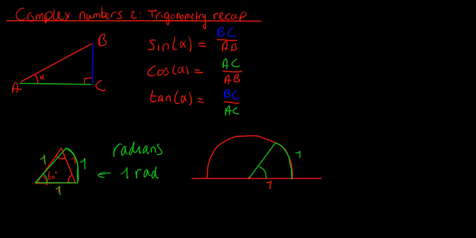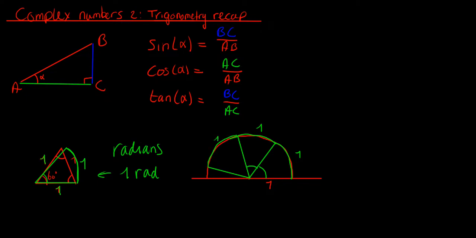This is called 1 radian. Then we can have another one here, which is also 1 radian, and this piece here has also the length of 1. Then we have the same thing here. This is also length 1.